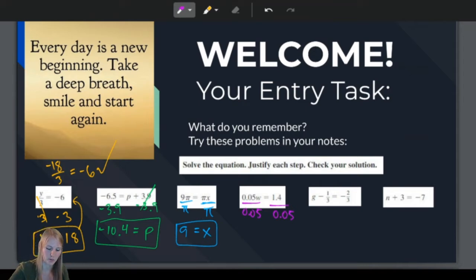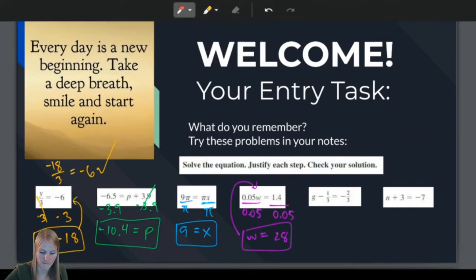So we have w equals 1.4 divided by 0.05, which is 28. Ooh. We need to check that one because that looks weird. 28 times 0.05 is indeed 1.4. Wow, okay. This is why it's important to check your work.